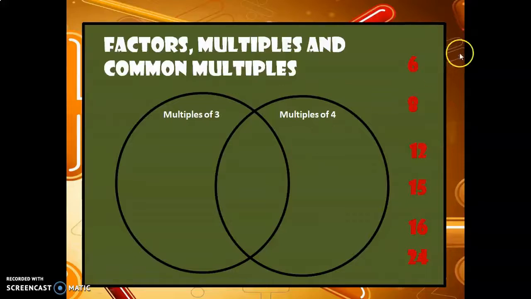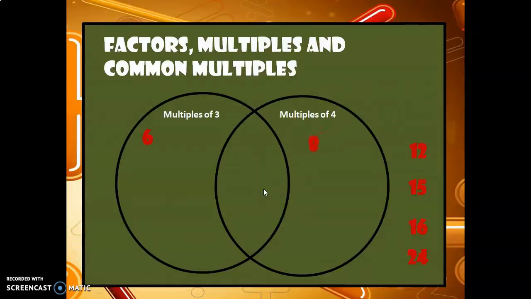Let's have the first number, 6. Try to figure out where I am going to put 6 in this Venn diagram. If your answer is multiples of 3, that is correct, because 6 can be divided exactly by 3 without any remainder. What about 8? Very good.